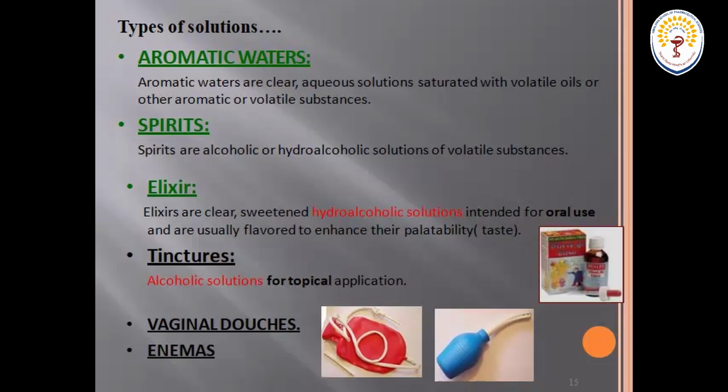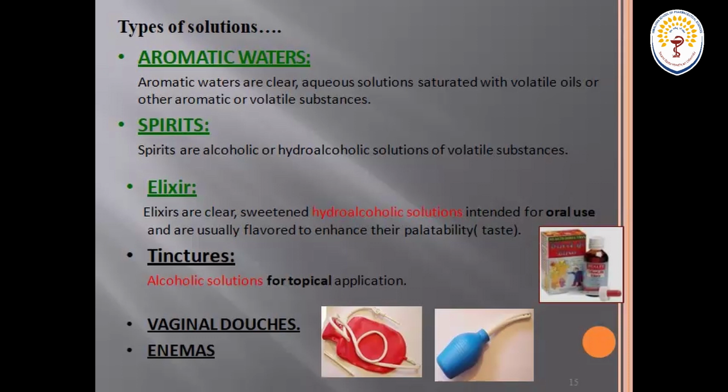Next is elixirs. Elixirs are clear, flavored hydroalcoholic preparations intended for oral use. They contain one or more medicaments, pleasantly flavored, usually attractively colored, containing a high proportion of alcohol or sucrose along with some suitable antimicrobial agent.